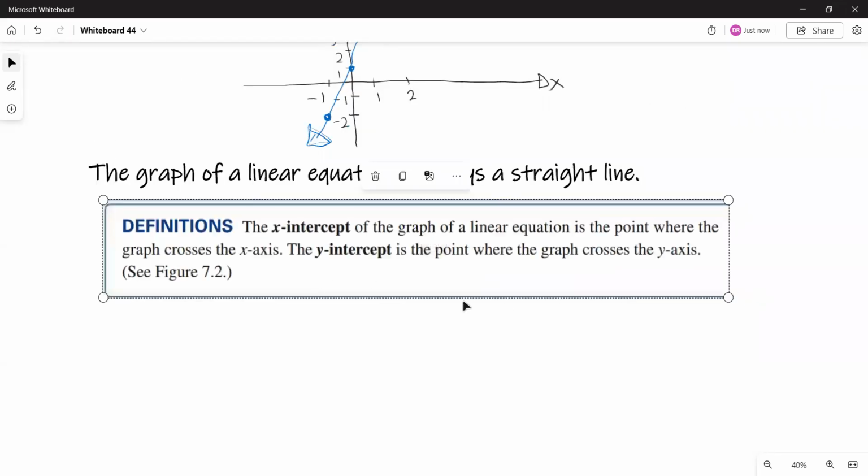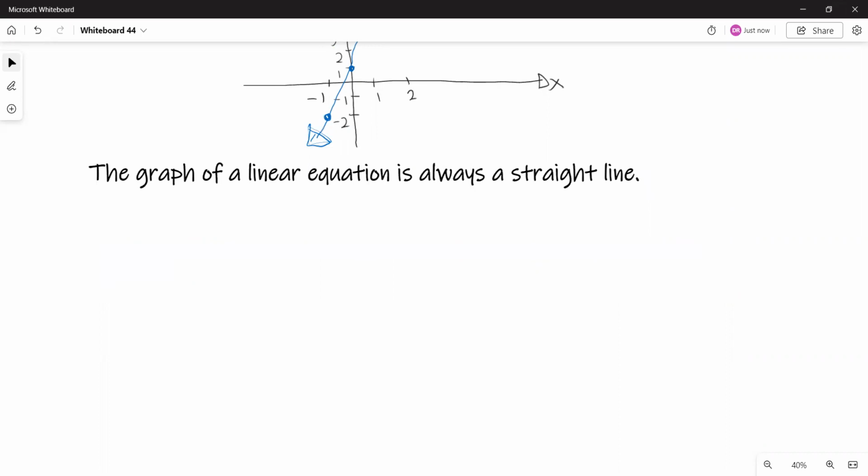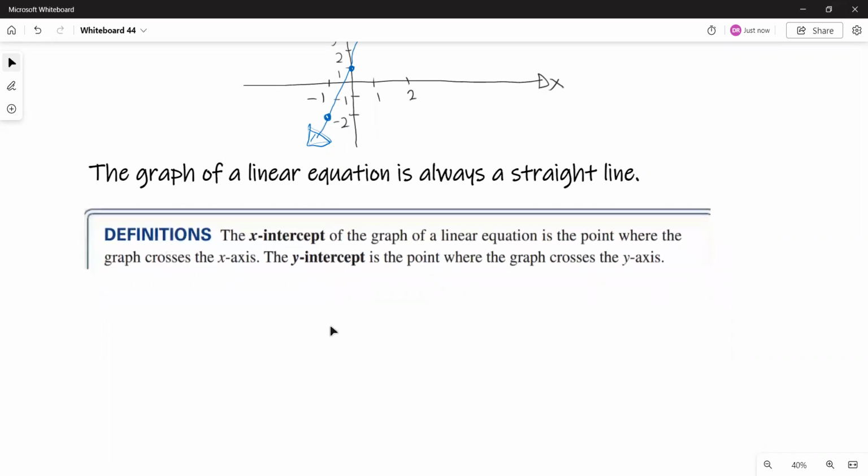Actually, I'll copy this again because we don't need this figure, that's a little bit extra. So let's try again. There it is. On page 309.